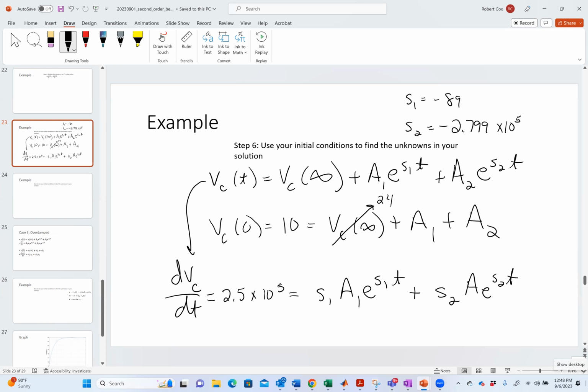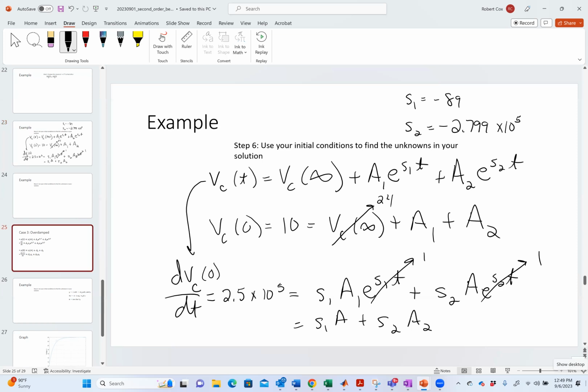Because I'm looking at t equal to 0, what's true about e to the S1t and e to the S2t? Just 1, so each of these guys is 1. So this whole thing is S1 A1 plus S2 A2.